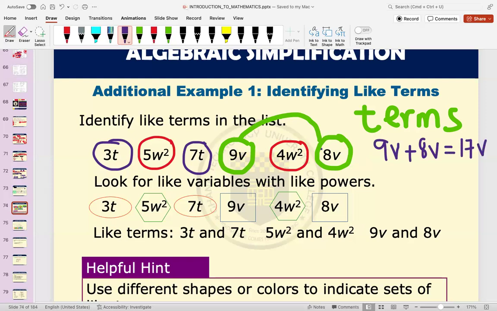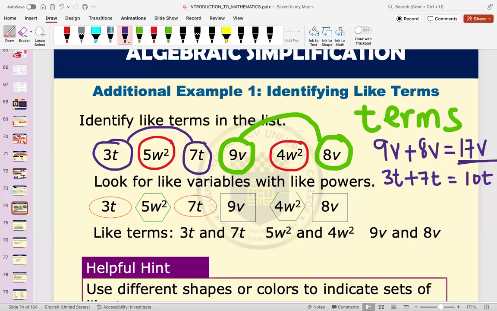So instead of writing the two of them, I'll use 17v to represent the two of them. And then after that, I'll pick 3T and 7T and put them together. So I have 3T plus 7T, and the two will give me 10T.